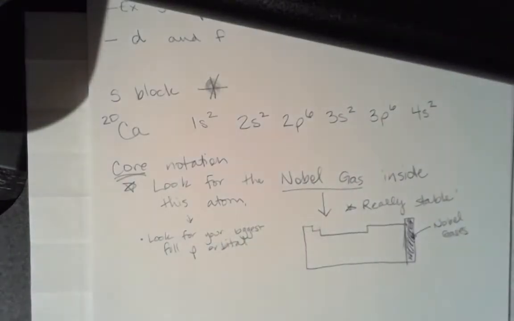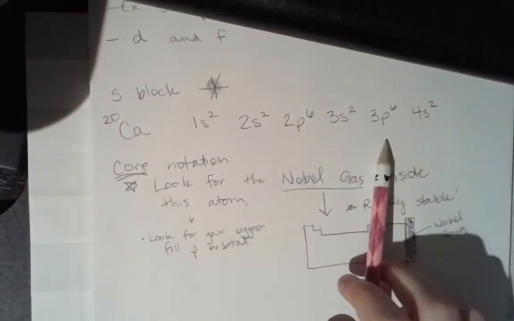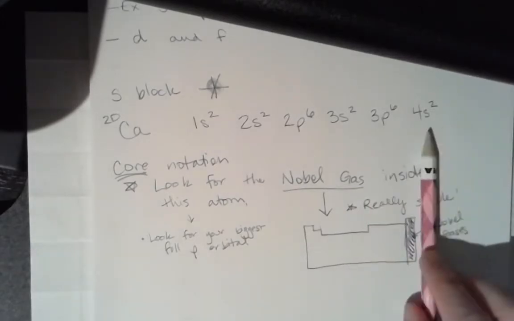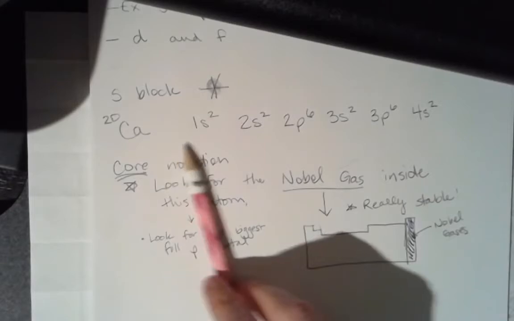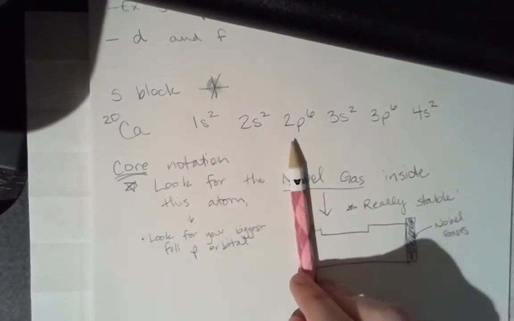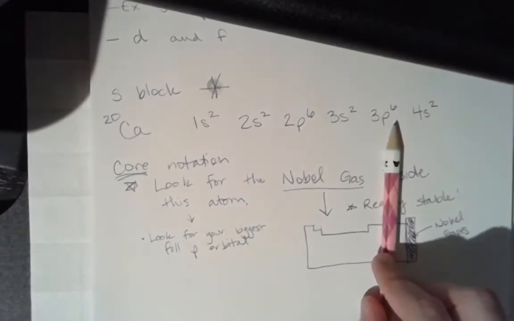So that would mean look for your biggest full p orbital, like take this electron configuration, find the biggest p that has 6 electrons in it. So here we have 2 p orbitals, we have a 2p filled with 6, and we have a 3p filled with 6. If you had a 4p filled with 6 or a 5p filled with 6, whatever, find your biggest full p.